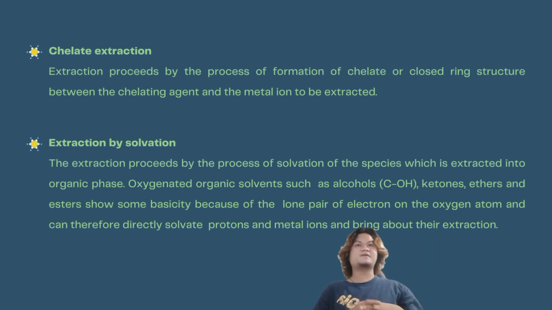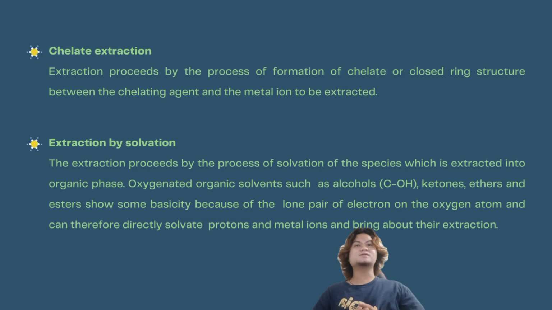The second classification of extraction system is extraction by solvation. In this classification, the extraction proceeds by the process of solvation of the species which is extracted into the organic phase.